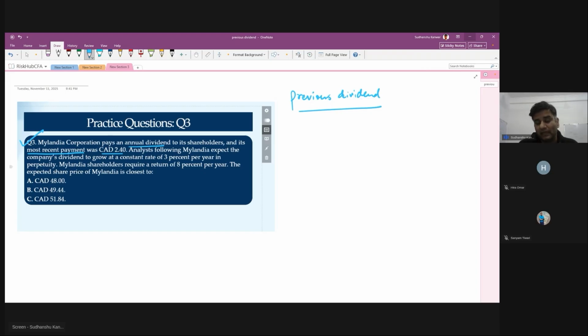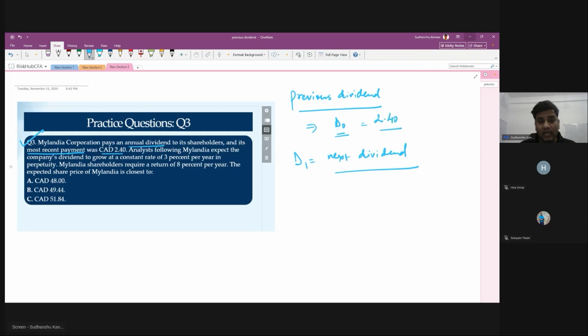It has already happened in the past. So it is D naught. Please remember, D1 is the next dividend. I'm telling you very clearly, this is one of the common confusions in exam. D1 is the next dividend, previous dividend is D naught, right? So, okay, fine. We have got that, D naught is 2.40.